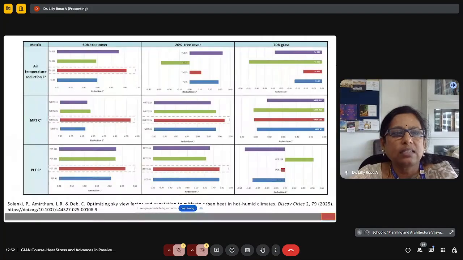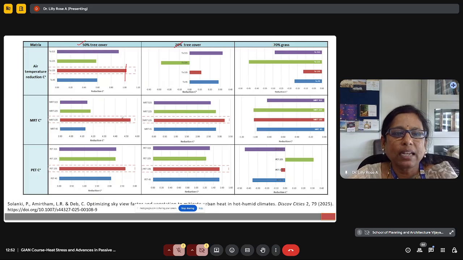In this analysis, a temperature reduction of up to 1 degree Celsius was derived from 50% tree cover, and a reduction of only 0.1 degree Celsius in 20% tree cover, and the temperature increased in 70% grass cover.